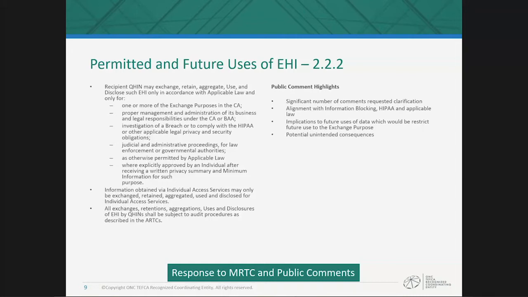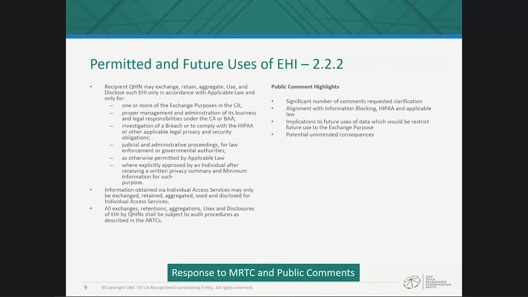One or more of the exchange purposes in the common agreement; that recipient QHIN's proper management and administration of its business and legal responsibilities under the common agreement or the BAA, not in general, but under the common agreement or the BAA; investigation of a breach, as defined in the common agreement, in order to comply with either HIPAA or other applicable federal or state law; judicial administrative proceedings, subpoenas, other court orders, or for law enforcement or governmental authorities.